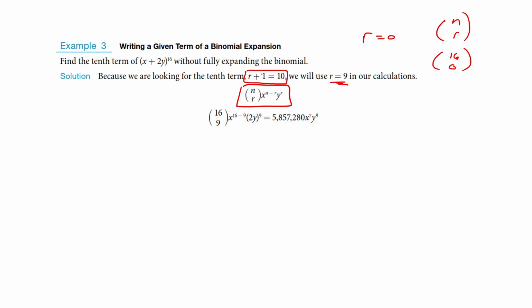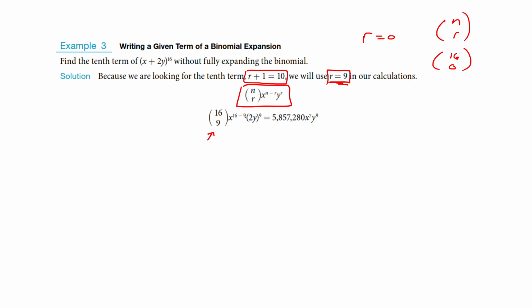It's r plus 1 equals the 10th term. Again, we're adjusting for the fact that we started with 0. So the r that we're going to need in our calculations is going to just solve that. We're going to have r is 9. Okay, so if we want to find the 10th term, we actually need an r of 9. What you're going to do is subtract the highest exponent, the 16.